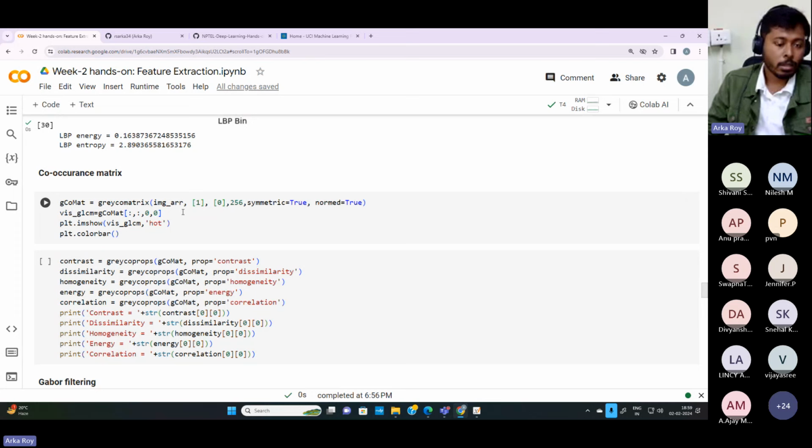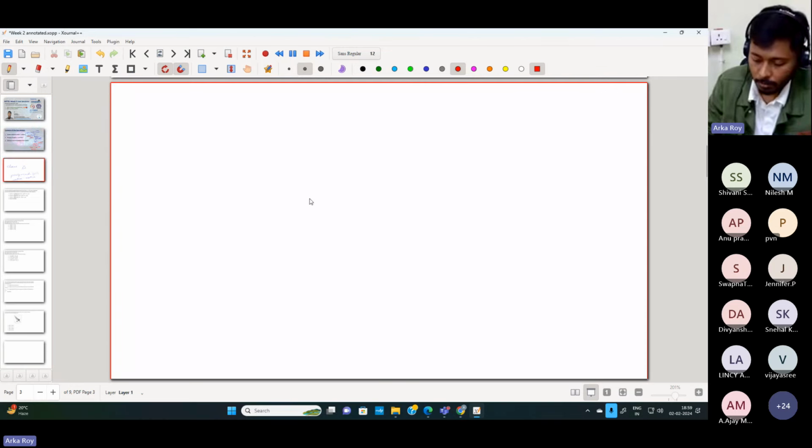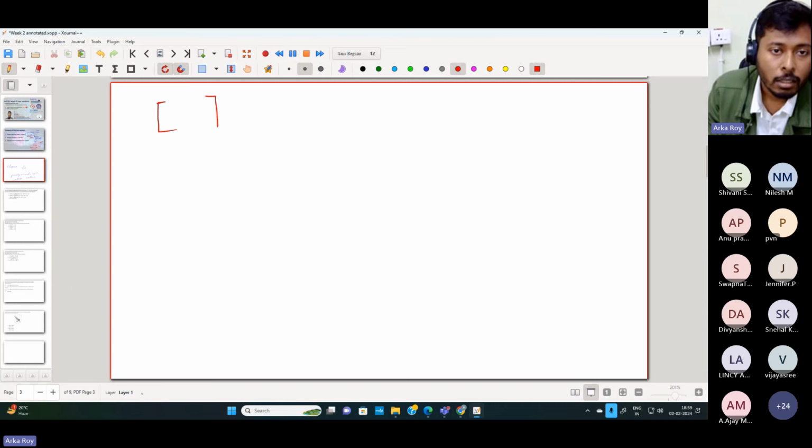For example, in case of the gray level co-occurrence matrix, we had A ij, that means the co-occurrence of pixel i with j, and this was parameterized by L comma theta. This L was basically the distance, and theta was basically the angle.